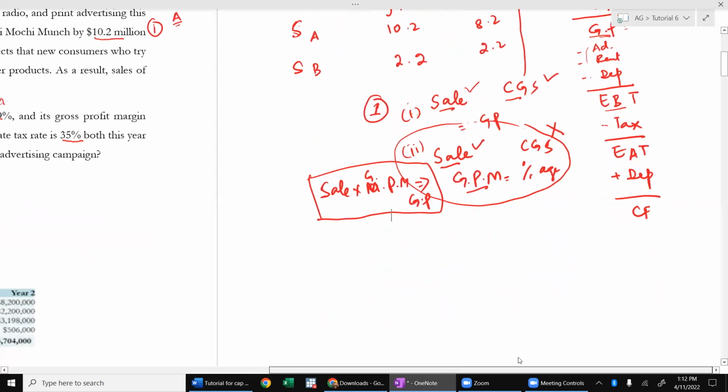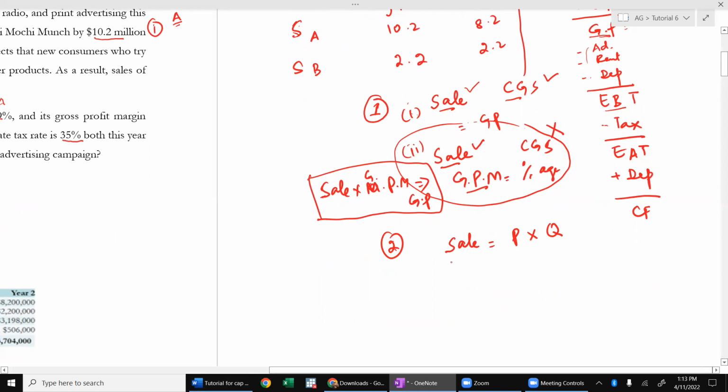Situation number 2 is that the question does not give you the information of sales or CGS. Instead, the question gives you the information of its components, because sales is equal to price multiplied by quantity sold.